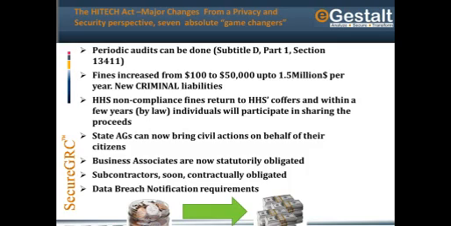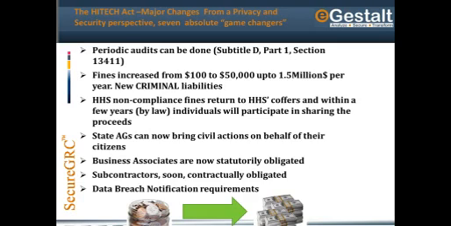As part of the HITECH Act, business associates and their subcontractors are obligated by law to be compliant. And there are new data breach notification requirements on both business associates and covered entities to report to HHS if a data breach happens.